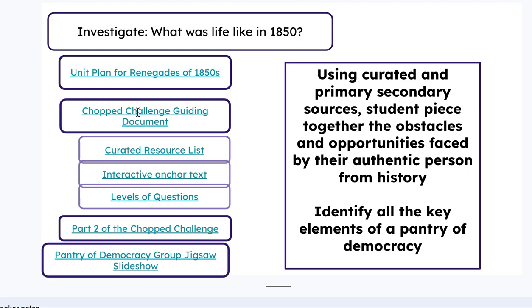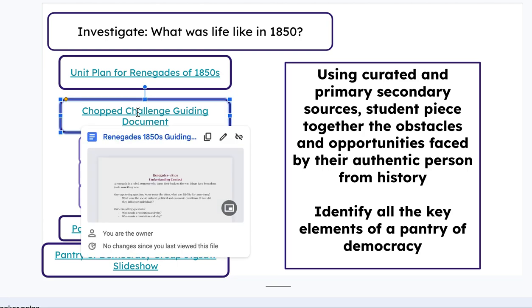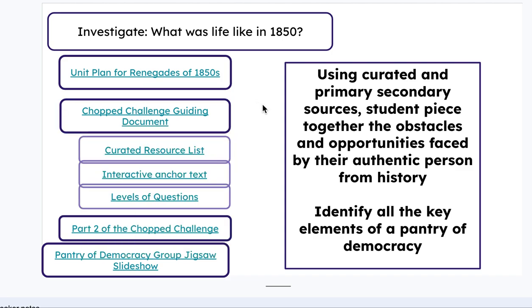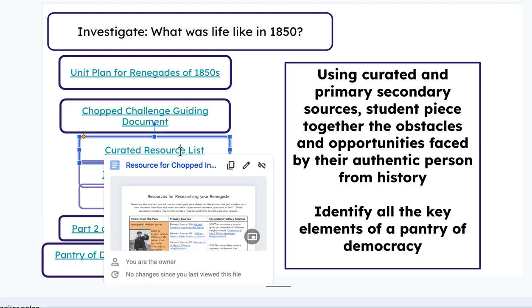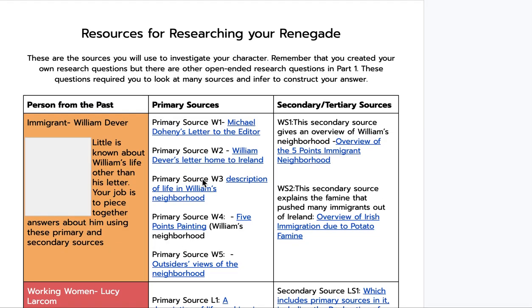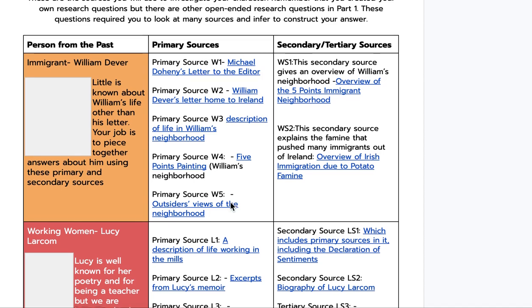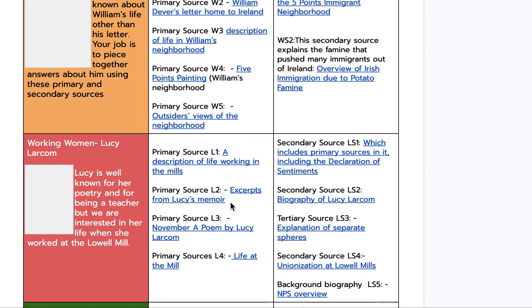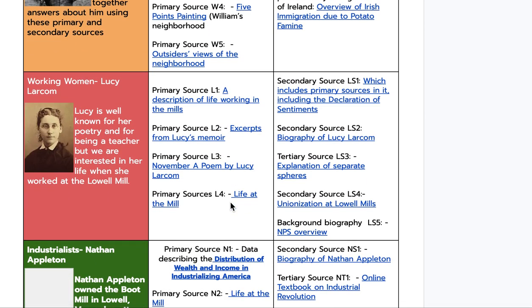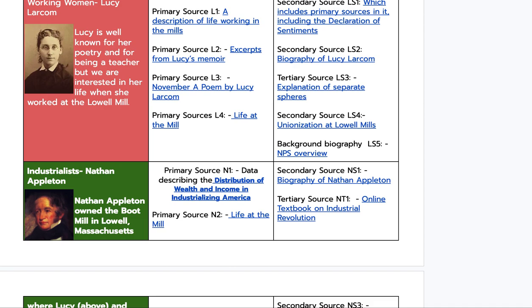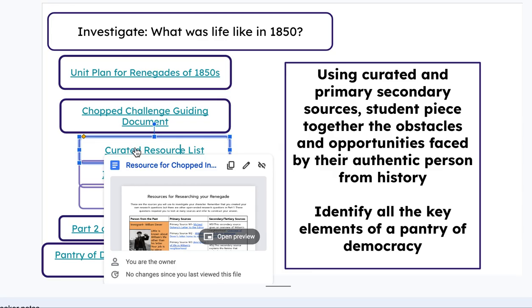So there's a guiding document that kind of lets students know these are the people that you're going to be responsible for. I often let students complete a survey in advance and let me know what they're interested in. I also created a curated resource list that has primary and secondary sources available that students can use to get to know their person and to make sure that they're basing what they're doing in reliable information.